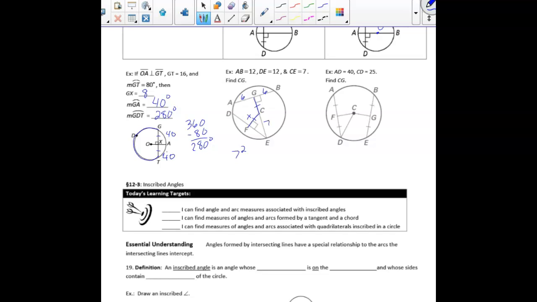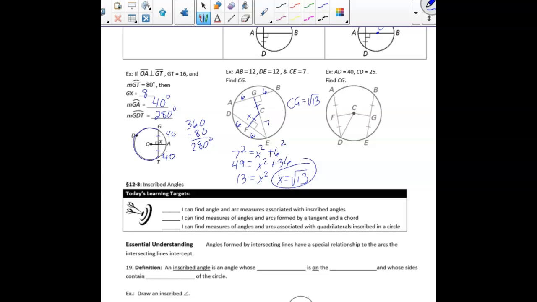The radius is 7, and this will be 6 and 6 here. So 7 squared equals x squared plus 6 squared. So 49 equals x squared plus 36. 13 equals x squared, so x equals the square root of 13. And that's perfectly acceptable for what CG equals.